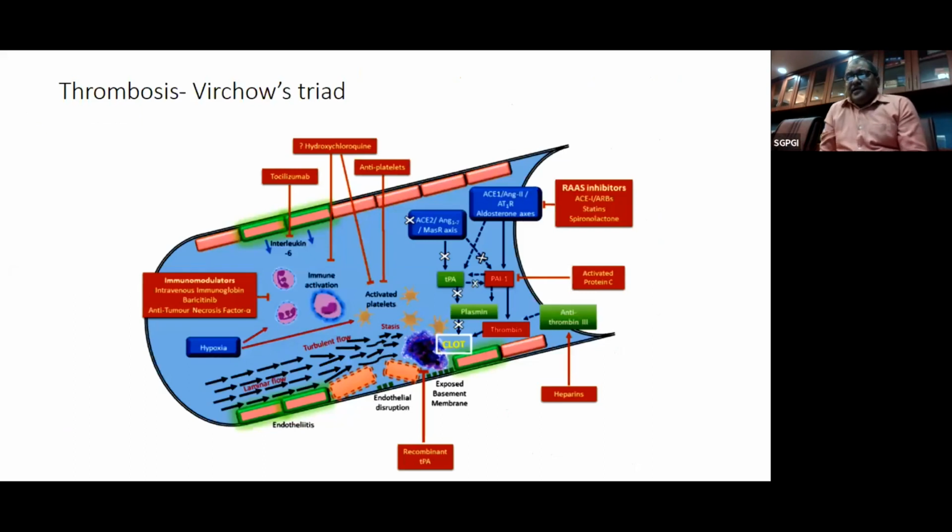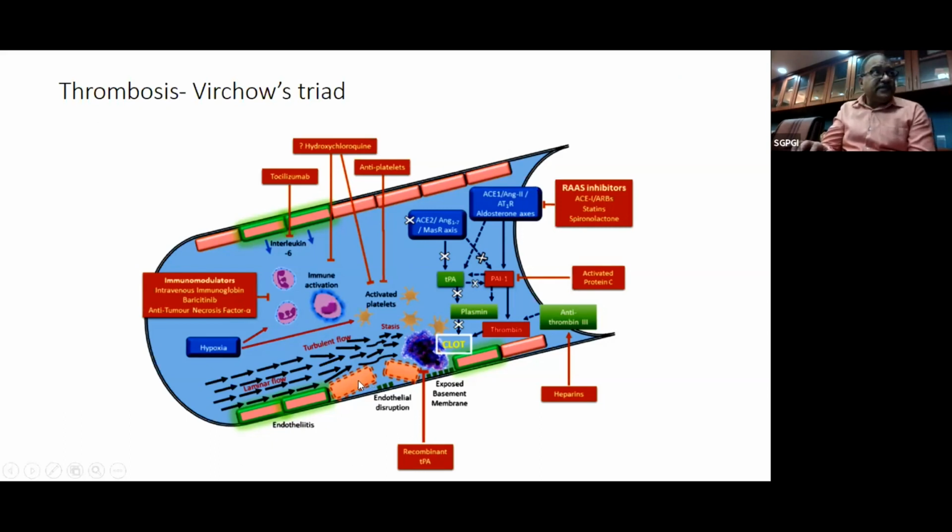We are all hearing every day, and in May there was a lot of enthusiasm when the postmortem studies of some of these patients were published, that it is not an inflammatory disease, rather it is more of a thrombotic disease. But actually both thrombosis and inflammation are interlinked, because we all know the virus has a tendency to go through the ACE2 receptors into the capillary endothelial cells also.